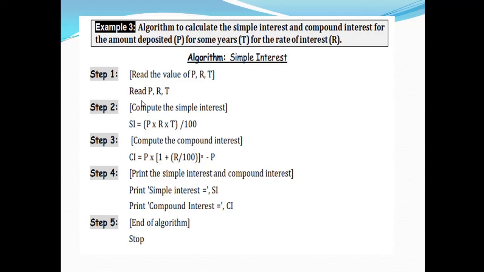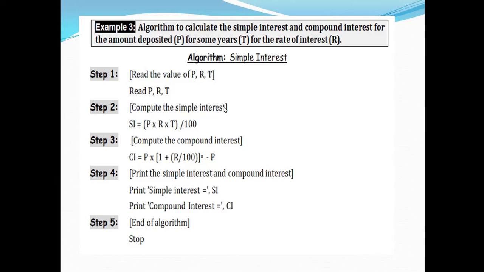The first step represents read P, R, T. To calculate the simple interest and the compound interest, we need these values: principal amount, rate of interest, and number of years.